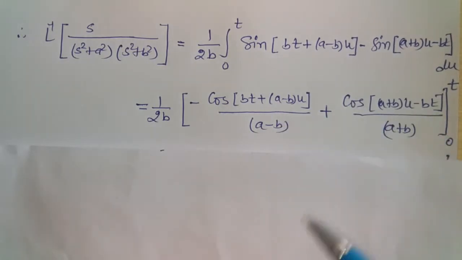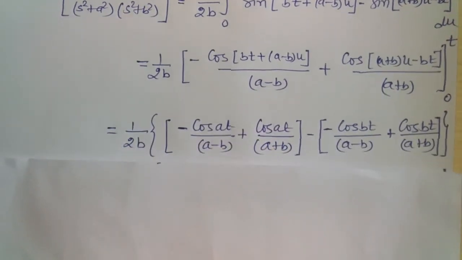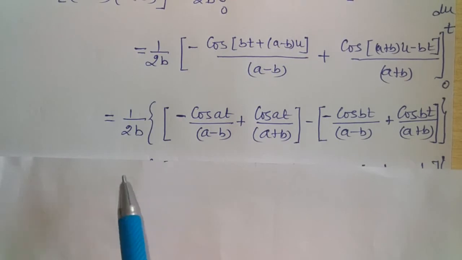Now put the upper and lower limits. We get 1 upon 2b constant as it is.